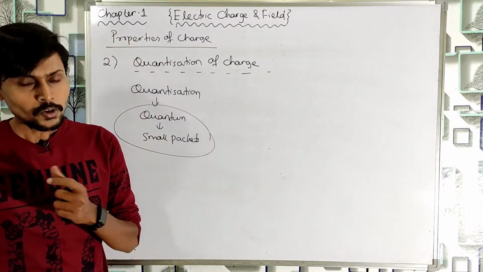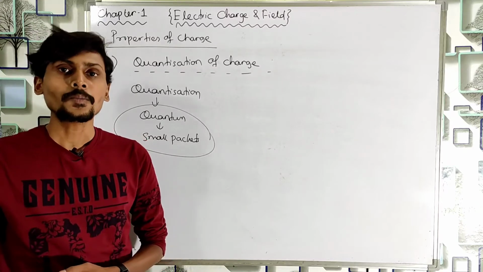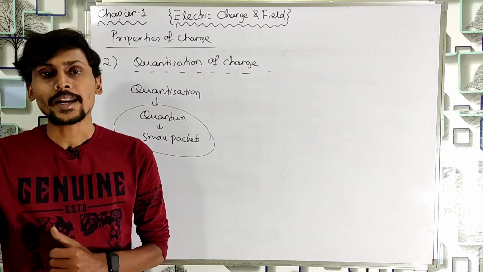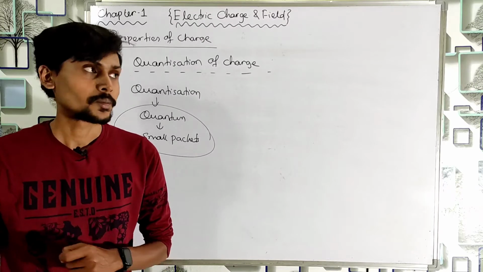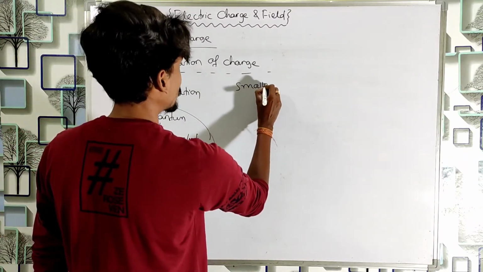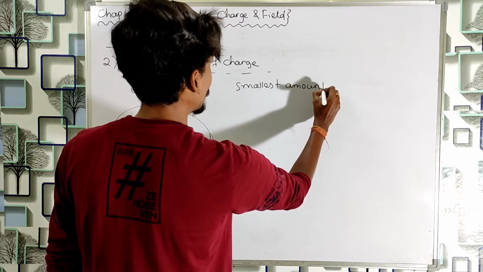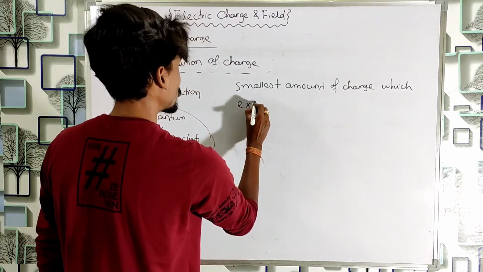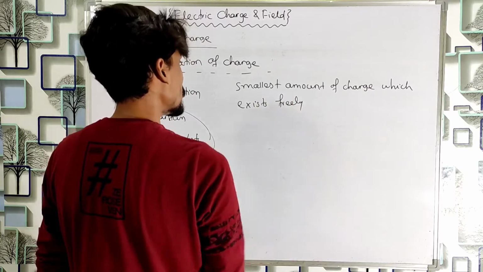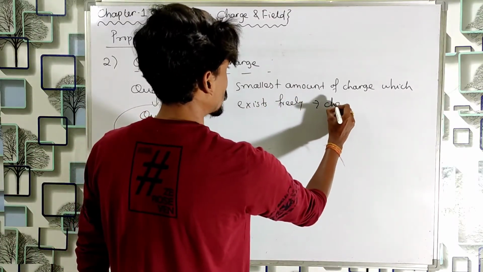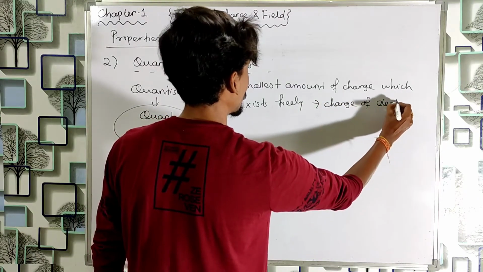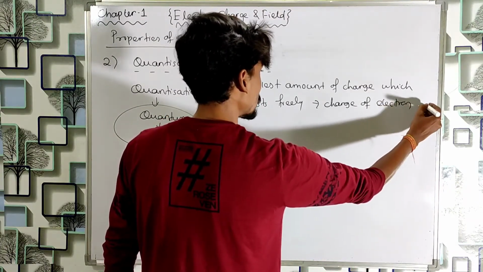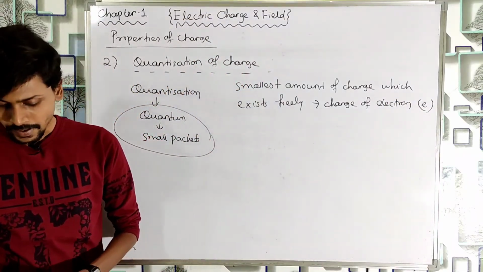Remember that we know that the unit of charge is coulomb, but the smallest amount of charge that you can get, the smallest amount of charge which exists freely, is the charge of electron, which is e, and the value of e is known to you, which is 1.6 into 10 to the power minus 19 coulomb.